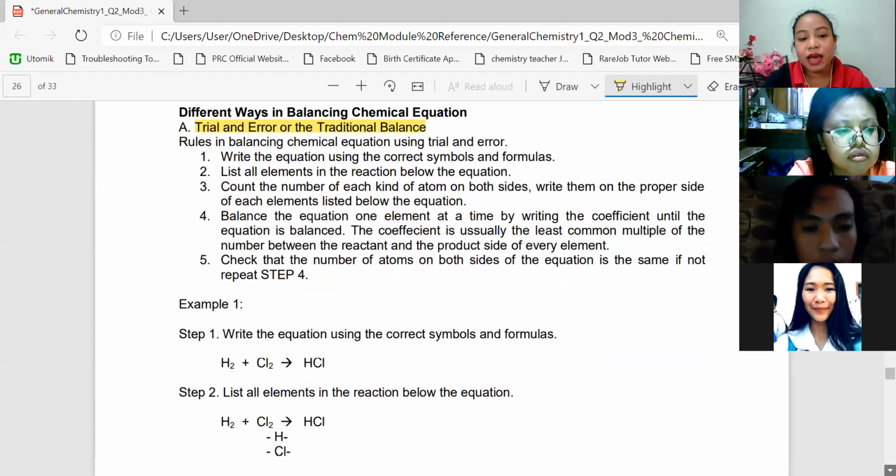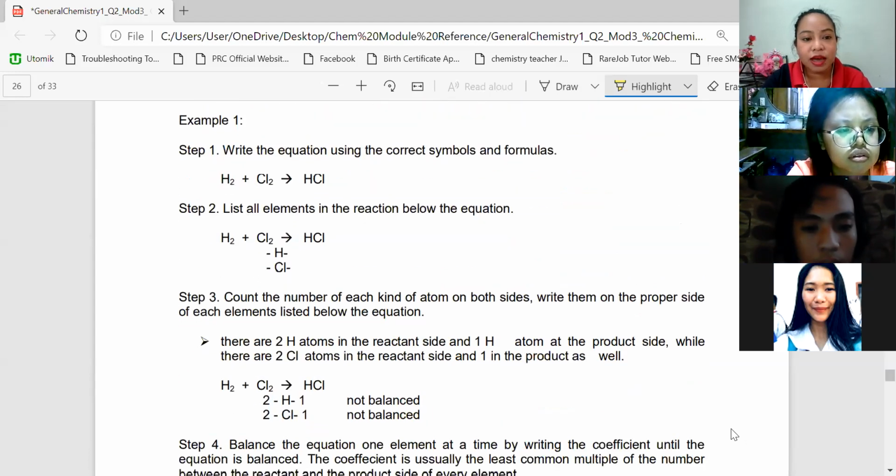Now, let's have the first example. Hydrogen gas plus chlorine gas yields hydrochloric acid. So first we write the equation. Is the equation balanced? No. So we will use trial and error.